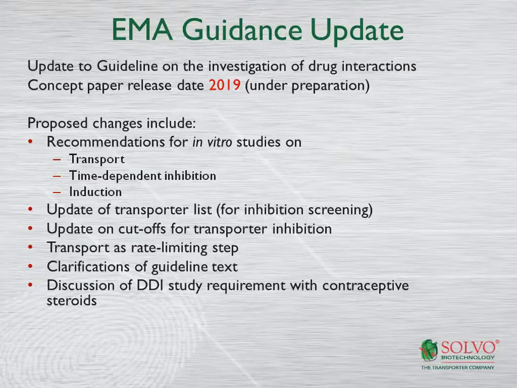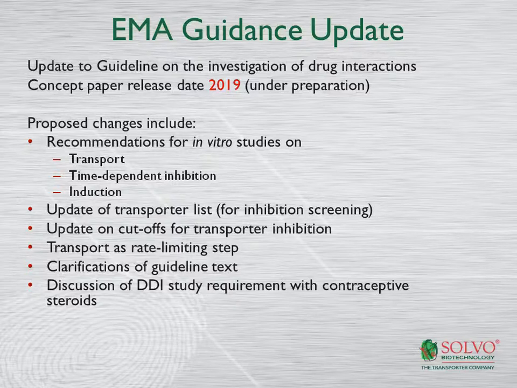They want to update this list, and also use other cut-offs for transporter inhibition. Uptake into, for example, liver cells by transporters is a limiting step, so they want to focus more on this. Maybe they will be more detailed than just saying the indicated transporter.